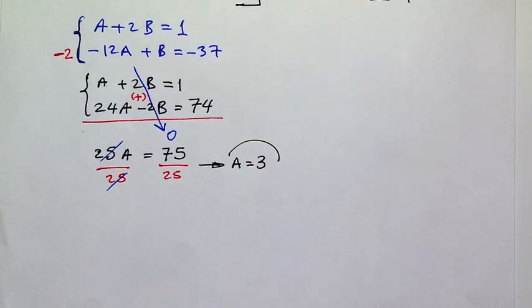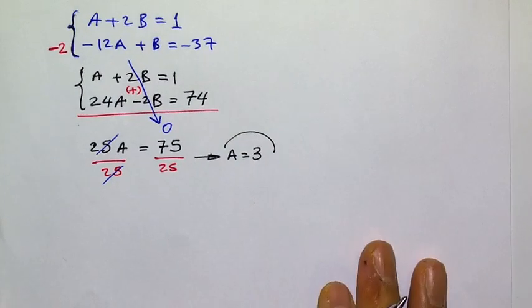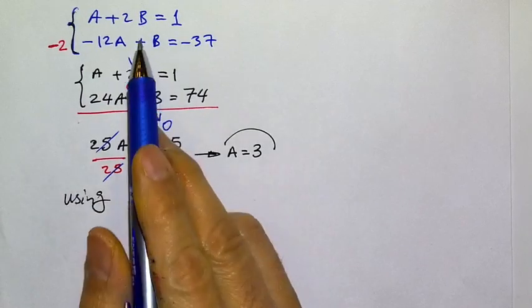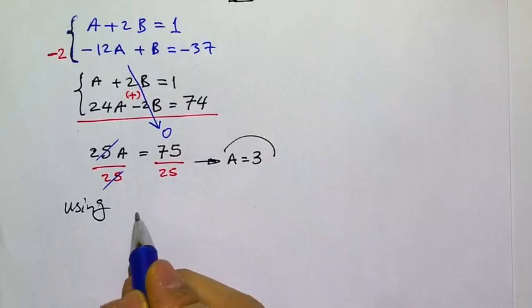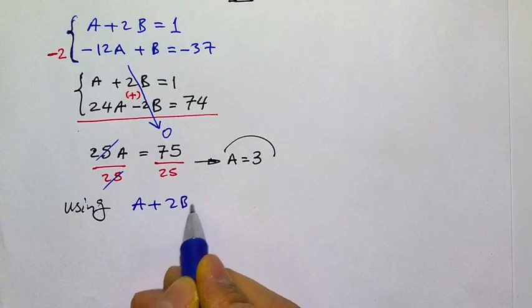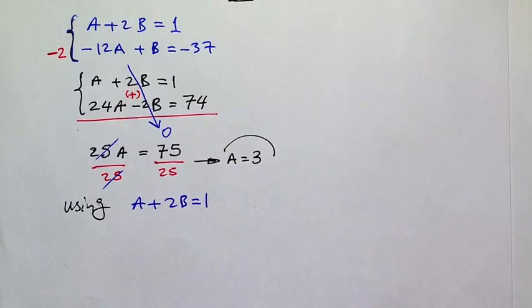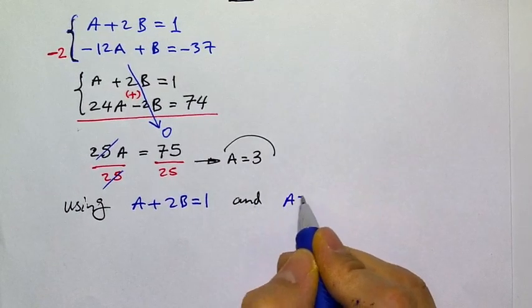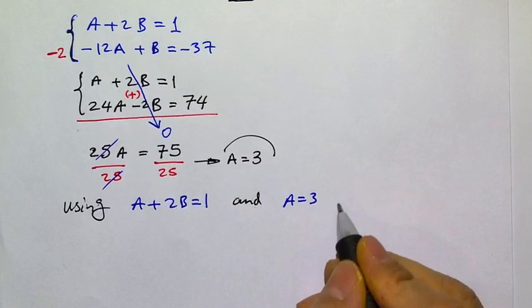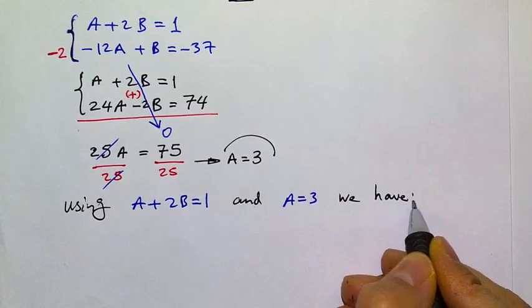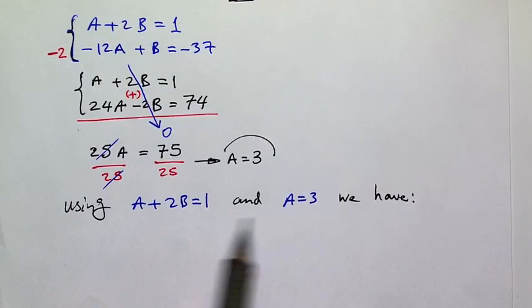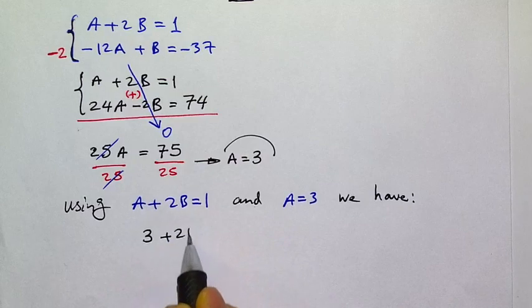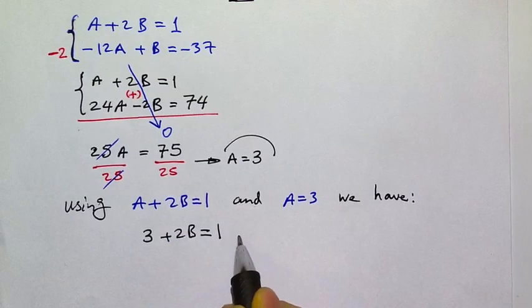Now, using any of these two equations, we can solve for b. So using a plus 2b equals 1, and the fact that we figured out what a is, and a equals 3, let's plug in and solve. We have 3 for a, plus 2b equals 1.